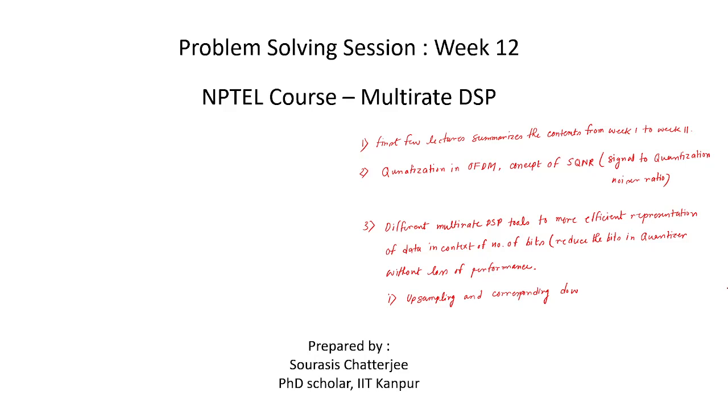That is, in simple terms, by increasing M we can afford fewer number of bits B in a quantizer, or by increasing number of bits in quantizer we can afford a lower oversampling factor. But since in multirate DSP context the first one seems more attractive to us, instead of employing higher number of bits at quantizer, if we can use fewer bits in quantizer, that would be a more efficient representation of data, and we can achieve that from the multirate DSP principle of upsampling and downsampling by employing different oversampling factors.